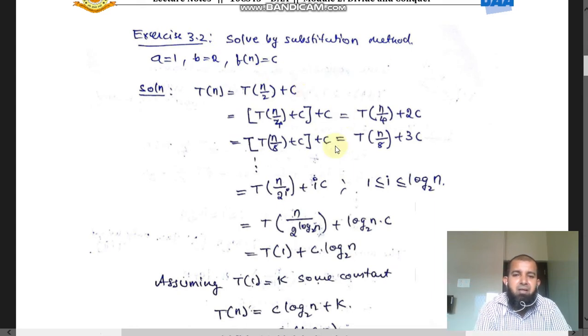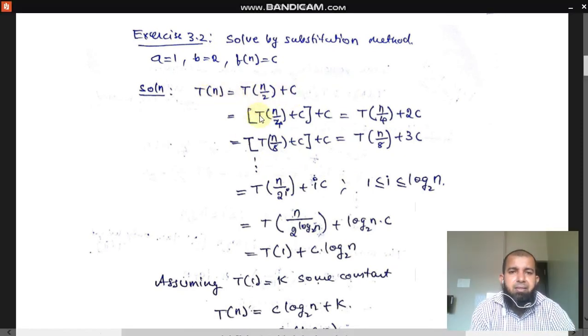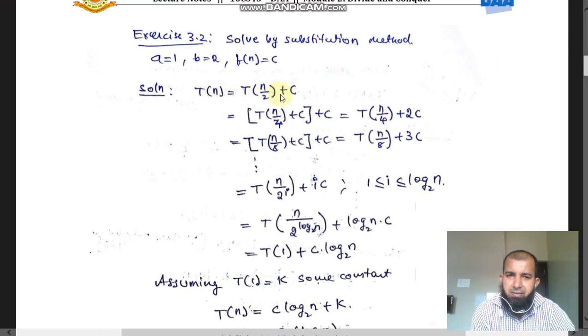First we'll do it using substitution method. In substitution method, what you have to do? First write the recurrence as it is. Next step is what? Again apply recursion. In place of n, write n by 2.